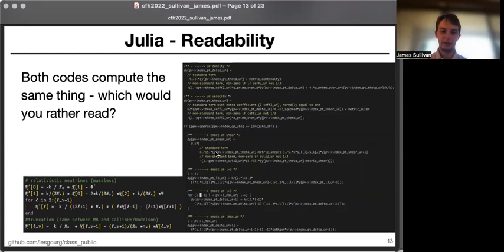But I think the overall point still holds that, at least for me, the code on the left is much more readable. And if I had to interact with some code or change it, I would choose to work with the code that looks more like an equation on the left here. So the point of having good readability is such that the user can go in and modify the code more easily.